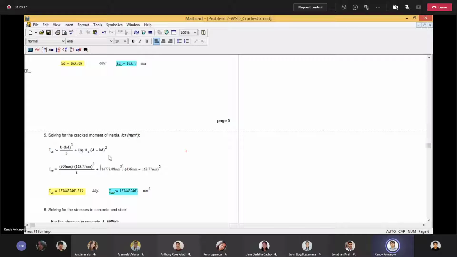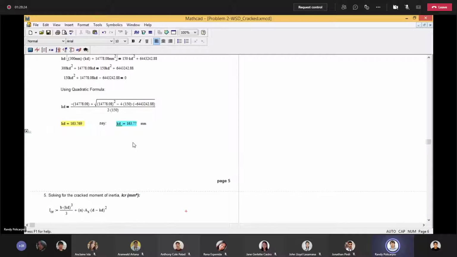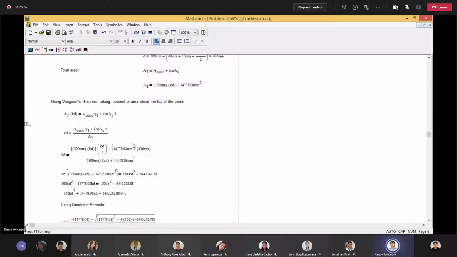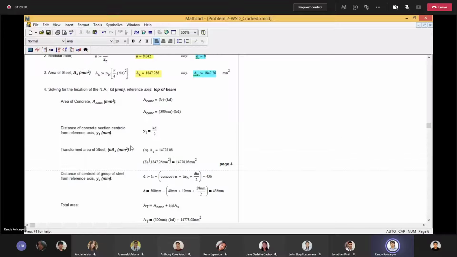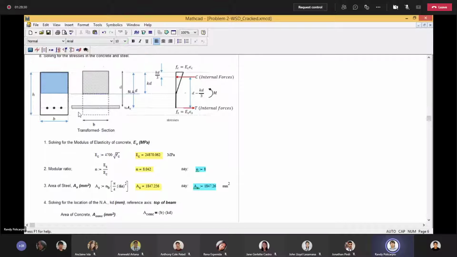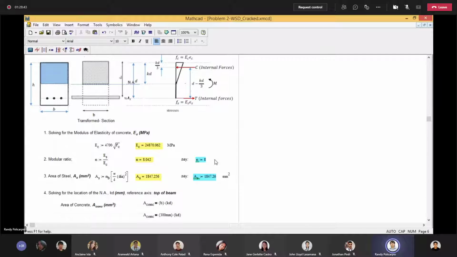For the steel, we have NAS multiplied by D minus KD square. So yung D minus KD square, ito yung distance nitong centroid nito up to the neutral axis, and that is D minus KD. Ito yung distance na yun.